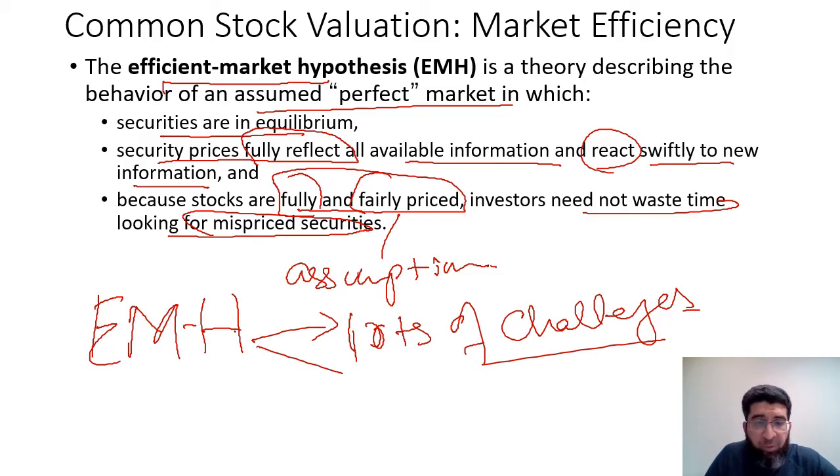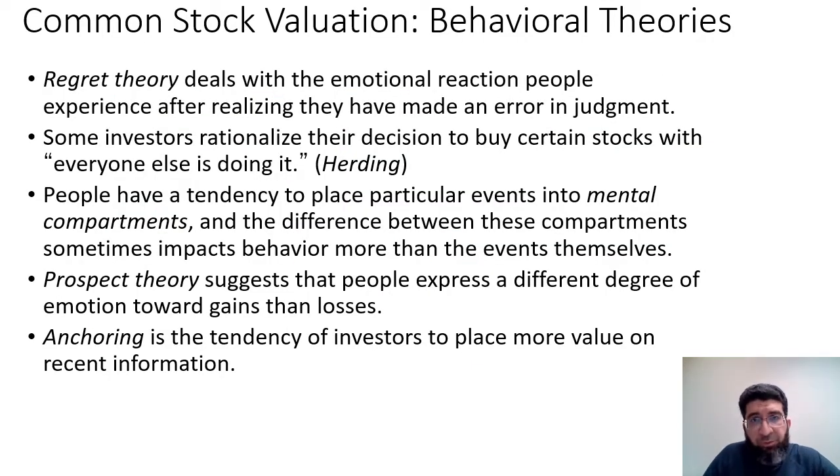However, there are other types that can be proved, such as the weak form of EMH, which has been proved in a number of ways. The other theories, such as behavioral theories, also exist, and they also tend to explain the volatility or the fluctuation in the market in a different way.